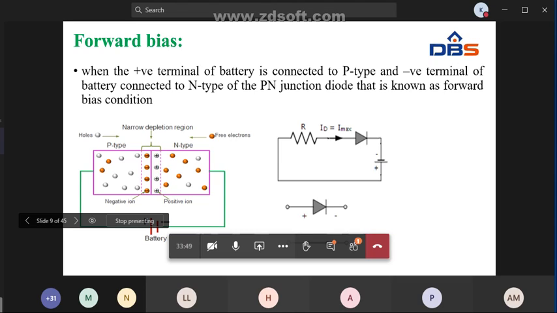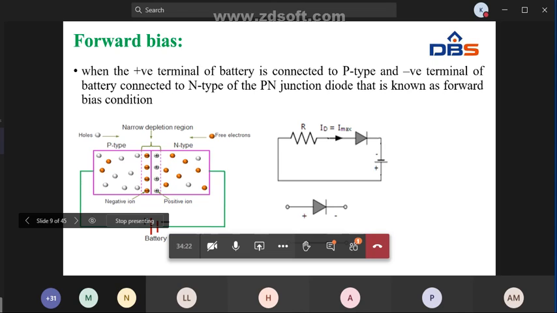In the same way, the n-type material contains a negative charge. The battery negative terminal also contains a negative charge. Here also the same charge, right? So due to this same negative charge, the electrons are repelled towards this battery, so these electrons are trying to move towards this p-type material.